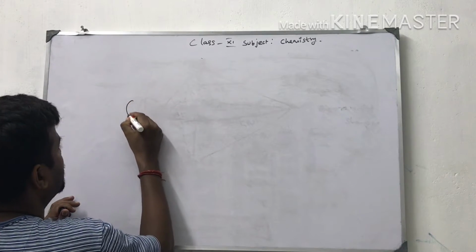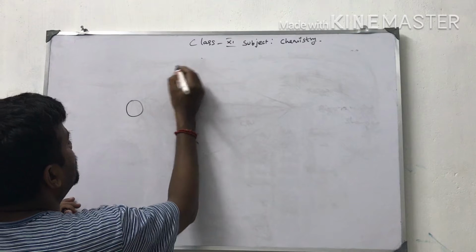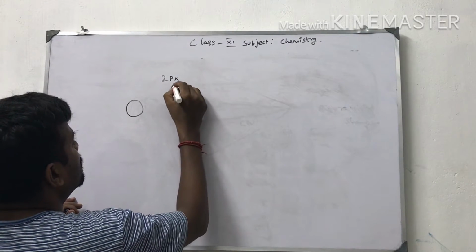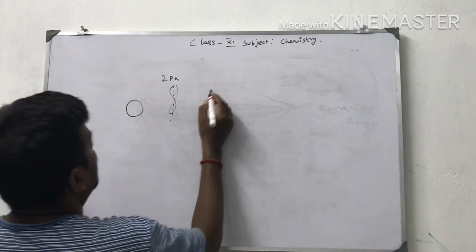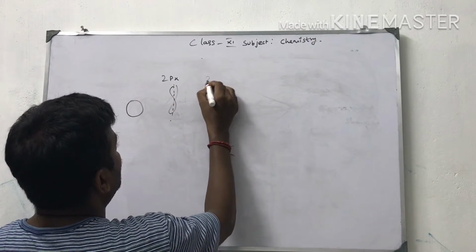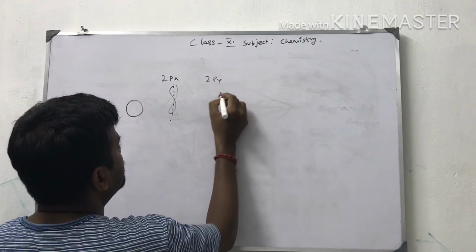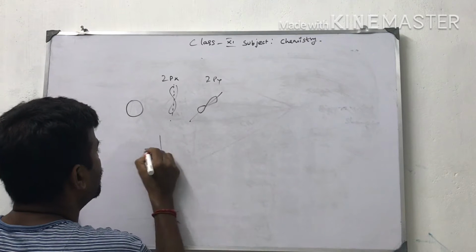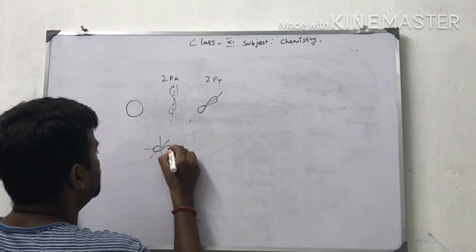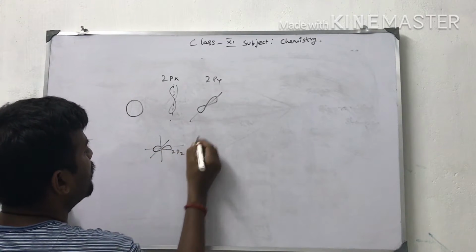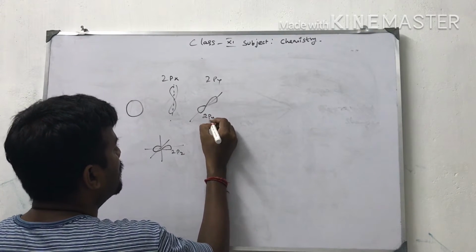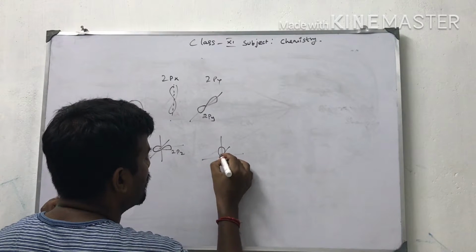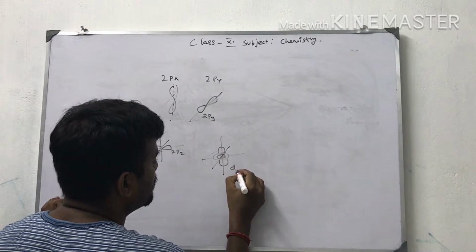So the s orbital is like this, the 2px is like this, overlapping in the axial overlapping, 2py is like this, 2pz is like this, and dz square.